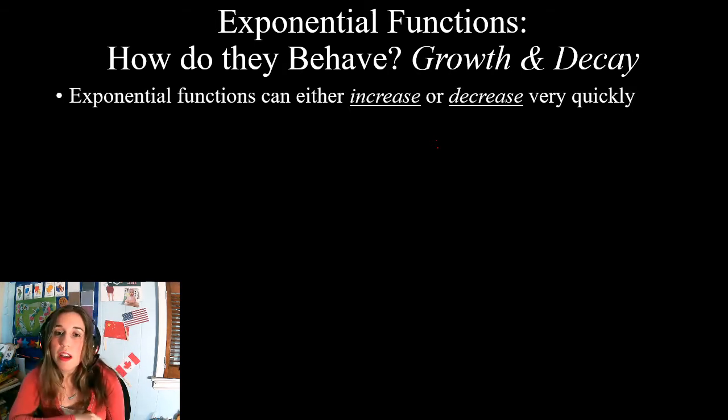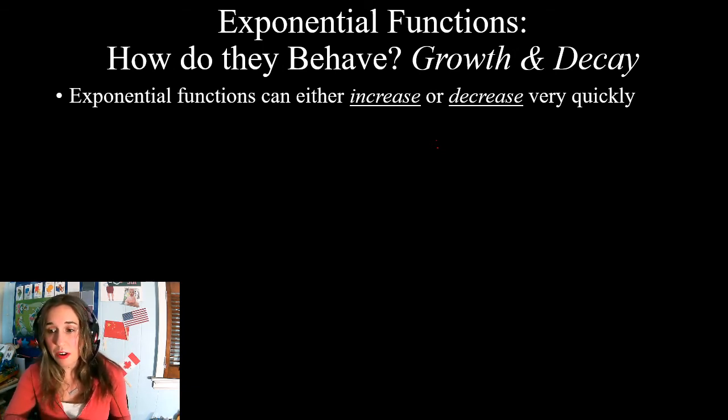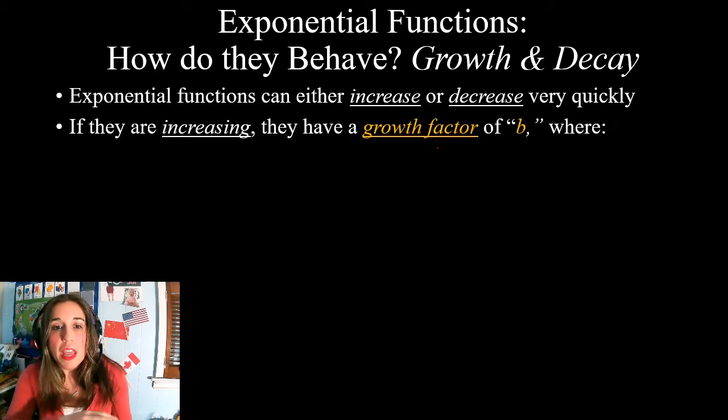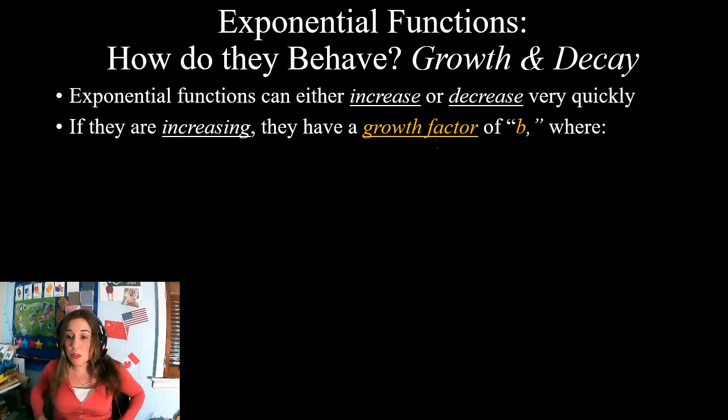Exponential functions can either increase or decrease very, very quickly. We know that. The change is very quick. If they are increasing, they have a growth factor of b. So when I talk about growth factor, or your book talks about growth factor, or when anyone talks about growth factor, they're just literally referring to the constant multiplier, you guys.